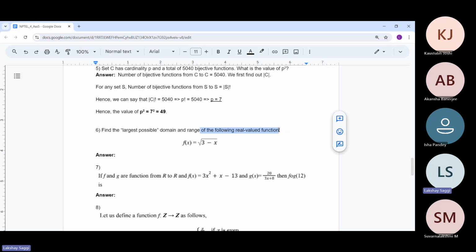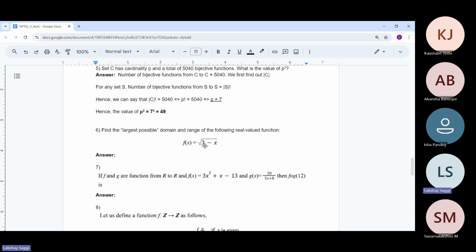What we need to find out is the largest possible domain and range, like the maximum possible set for the domain and range. Note that x equal to 1 is also a domain, like x only takes the value 1. But we need to find out the domain of the largest possible size. So any idea what will be the domain? Would anyone like to answer in chat?